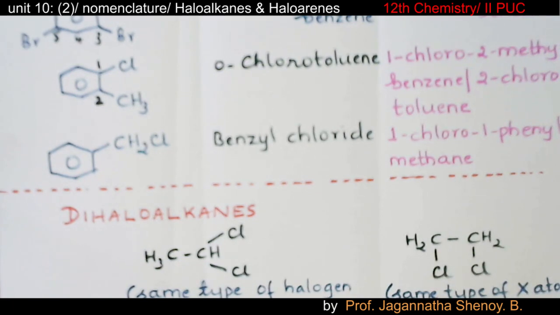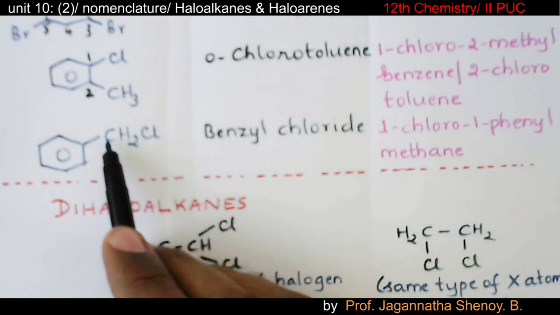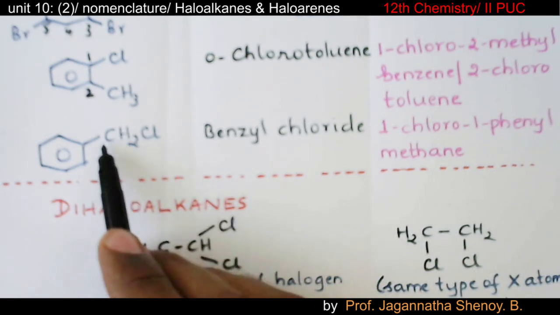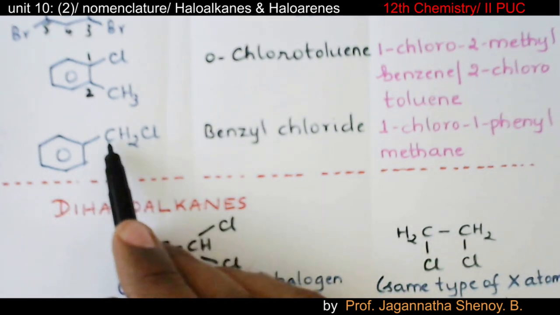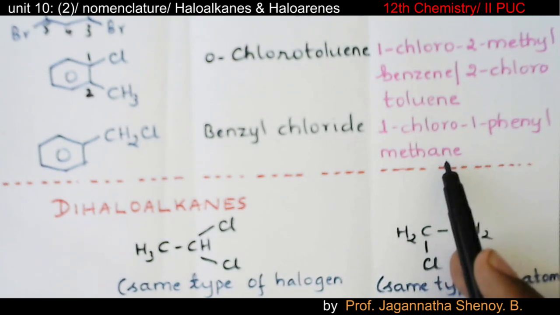Coming to the IUPAC name, you have a functional group on the open chain part. That's why the open chain part must be the parent hydrocarbon. In the open chain part, you have only one carbon atom. Obviously, the root word has to be methane.